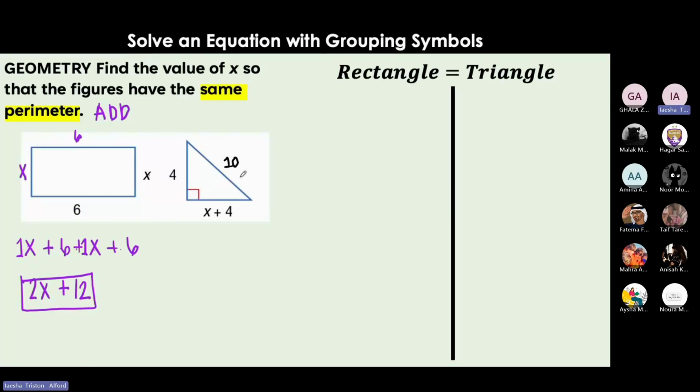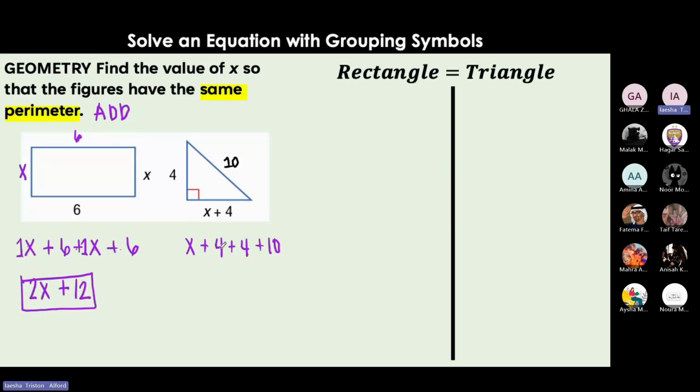For the triangle, they have to give you a number here. So again, you would do X plus 4 plus 4 plus 10, because that is how we find perimeter. Perimeter means to add.